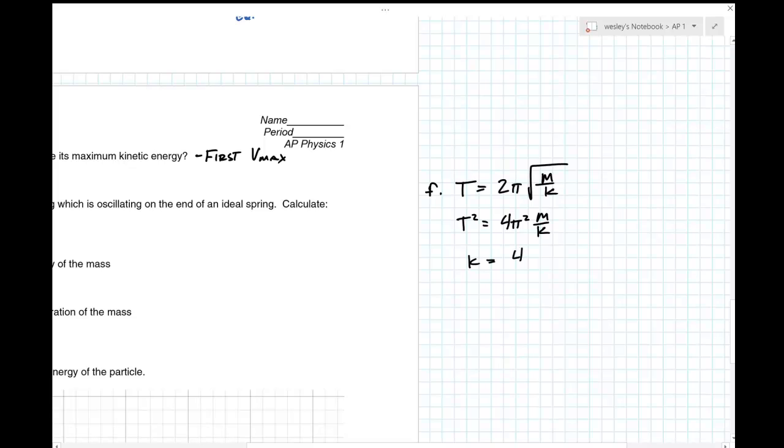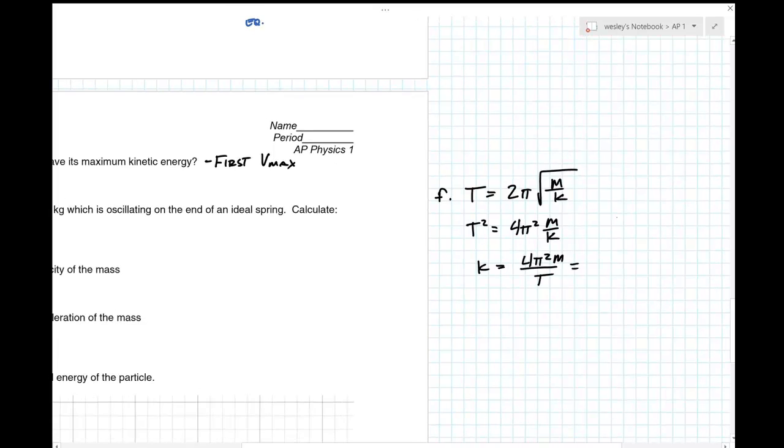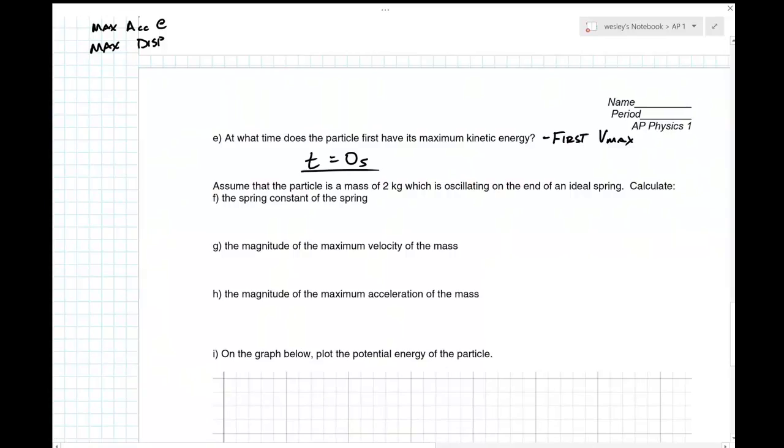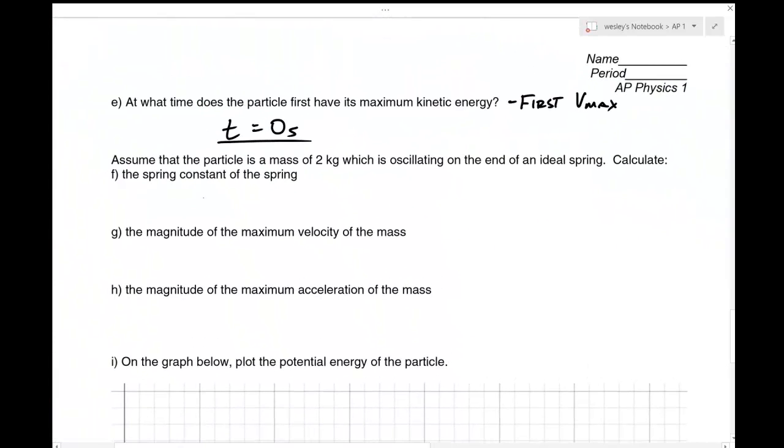So k is 4 pi squared m over the period squared. And for what we have going on here, that's 4 pi squared times the mass of 2 kilograms divided by the period squared, which, based on the graph above, is 10 squared. When we calculate it out, that makes k 0.8 newtons per meter. So the spring constant is 0.8 newtons per meter.